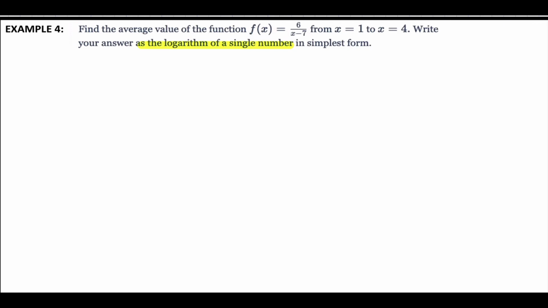So our fraction out in front is going to be 1 over 4 minus 1. We're going to go from 1 to 4. And then our function is going to be 6 minus x, 6 divided by x minus 7, dx.